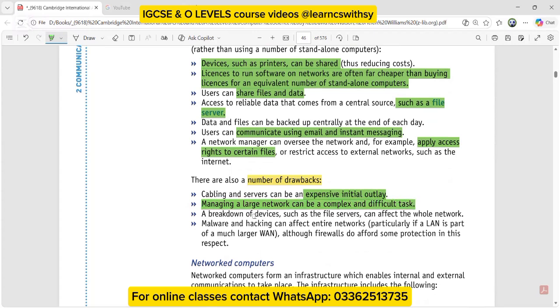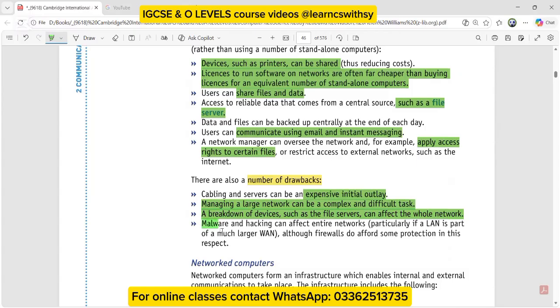Then a breakdown of devices such as the servers can affect the entire network. If some of the computers develop problems, then maybe that will not be too problematic. But when the main server has developed some fault, then it results in the whole network being affected.